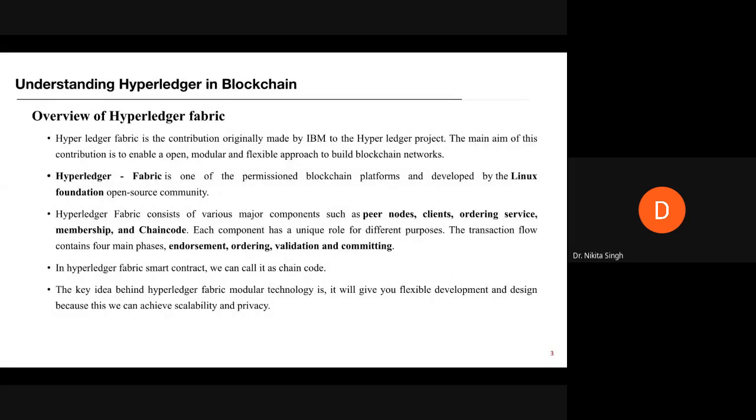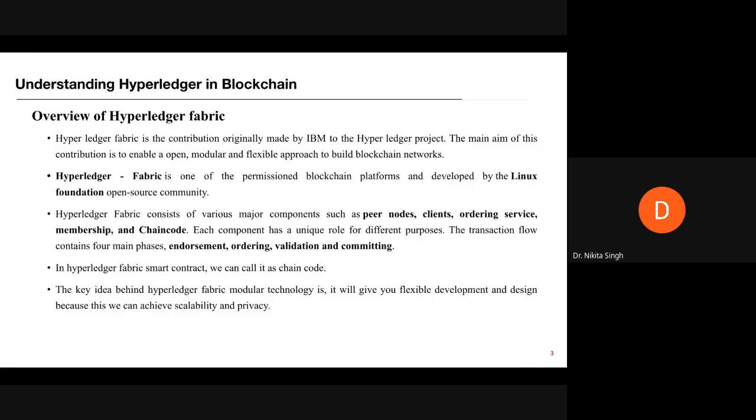So Hyperledger Fabric developed a blockchain platform which is adapted only for enterprise use. Hyperledger Fabric started out as a blockchain that would only develop its platform to be used by enterprises.